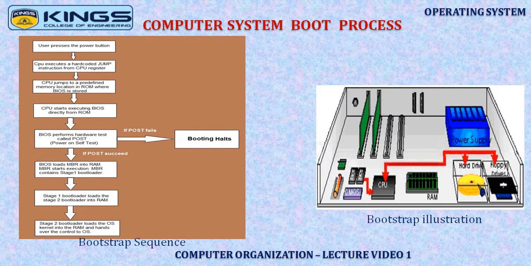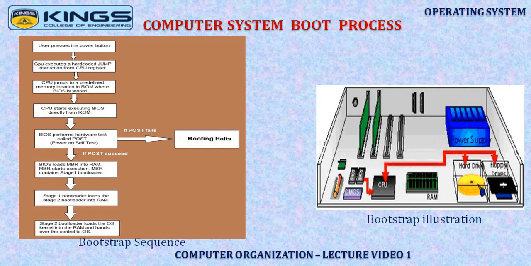Now, let us understand how the system starts its operation. For a computer to start running, for instance, when it is powered up, that is when we turn on our systems, it needs to have an initial program to run. And that initial program is nothing but the bootstrap program.